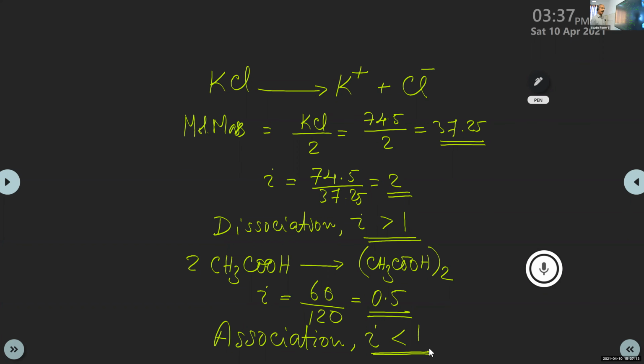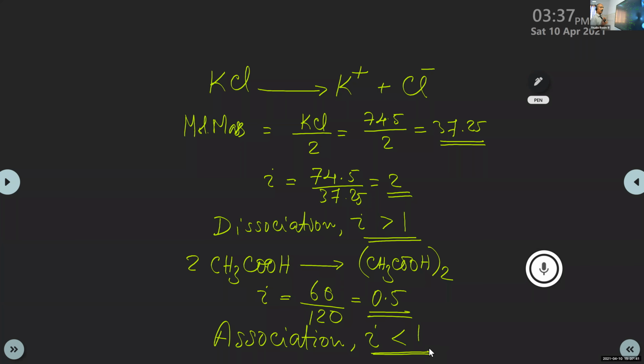That we can see in the case of, say, glucose in water, sucrose in water, urea in water, etc. Because these solutes will not associate or dissociate in solution. They will remain as such.